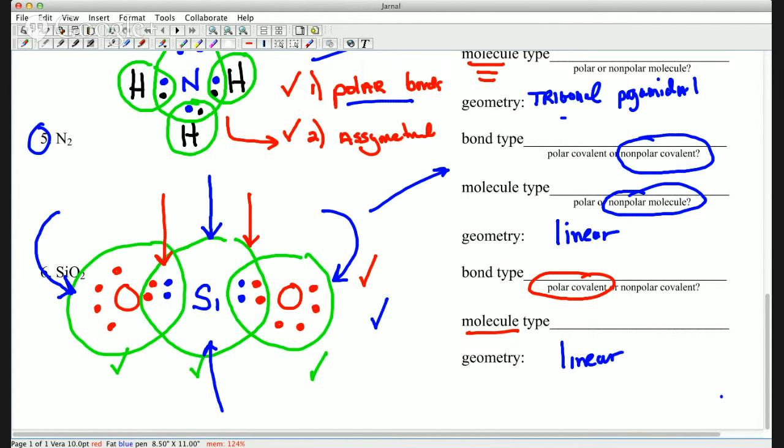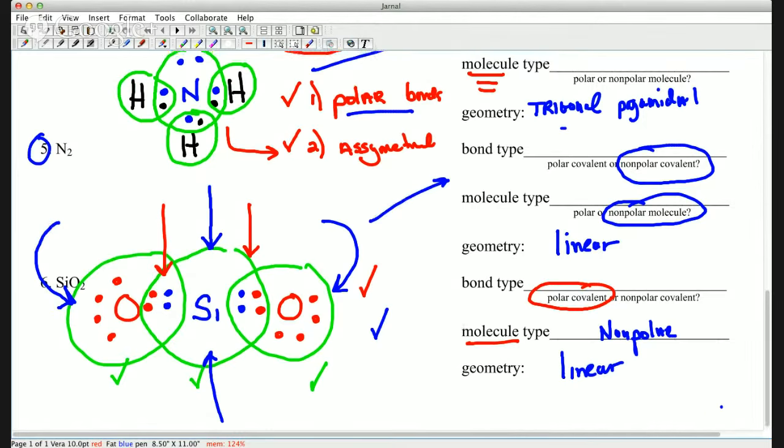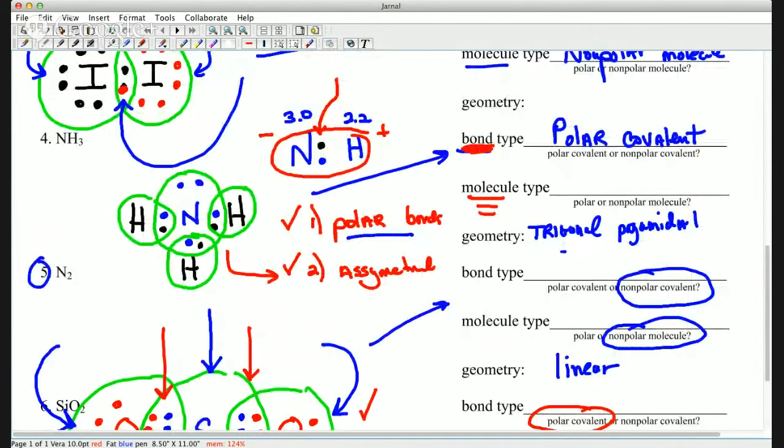It's the same all the way around. Therefore, the polar bonds cancel. And this has no different side to it, no poles. This is a non-polar molecule.